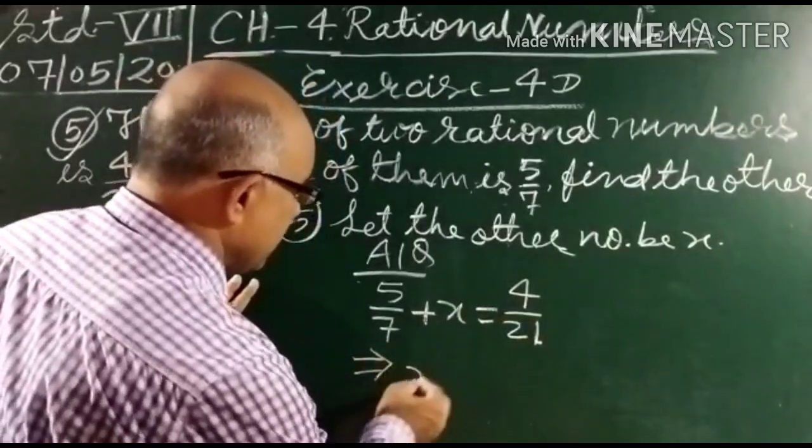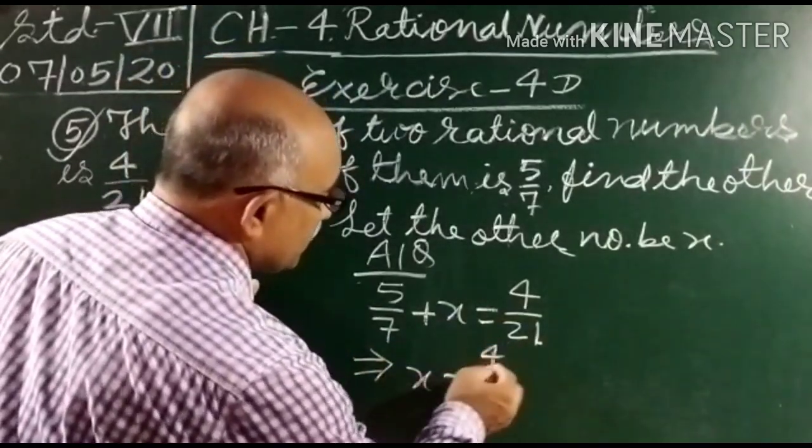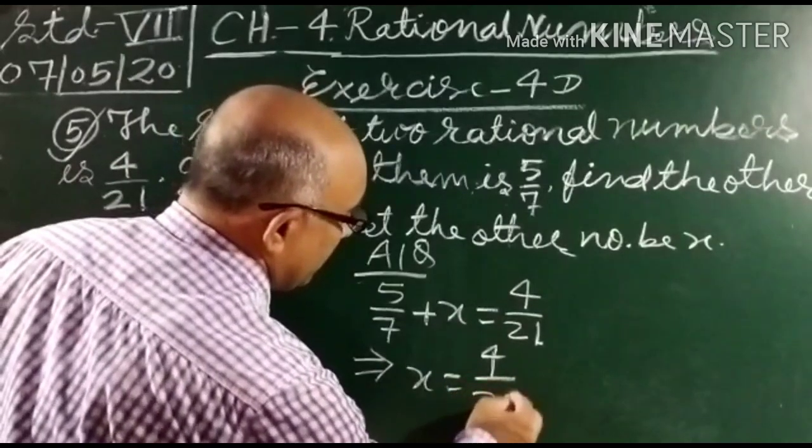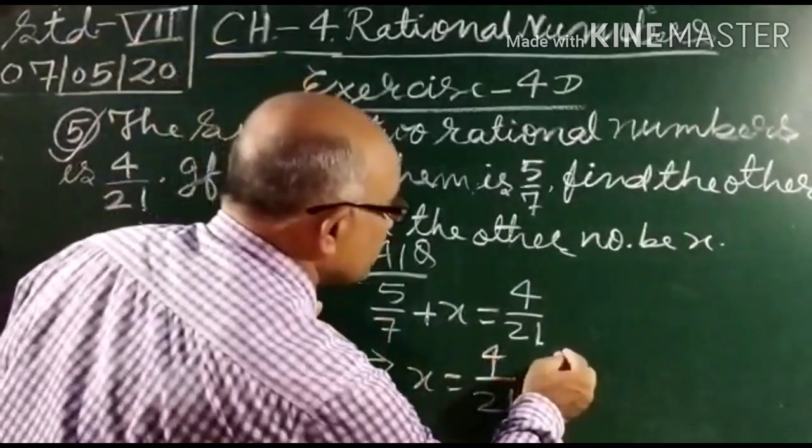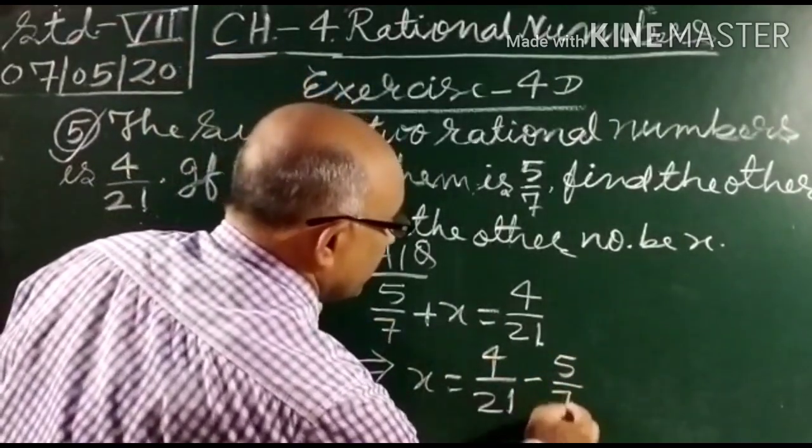That implies x equal to the sum of both numbers, 4 by 21, minus one number, 5 by 7.